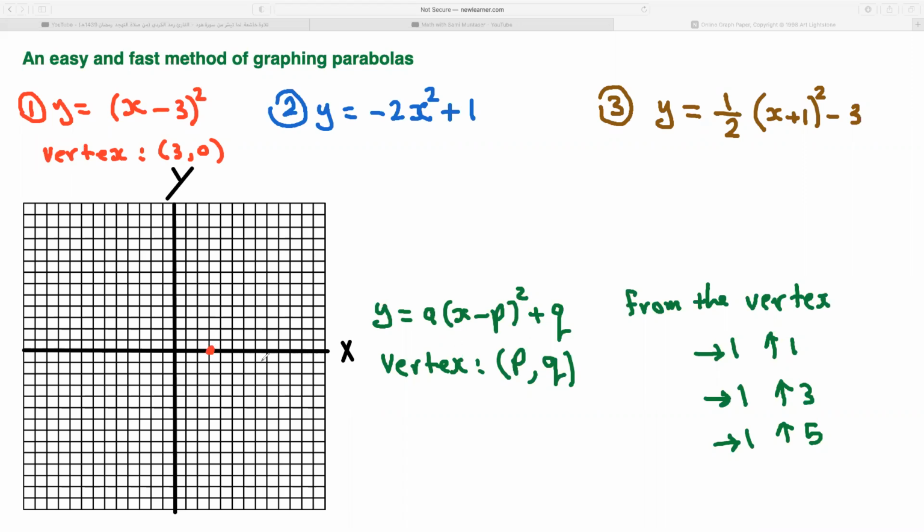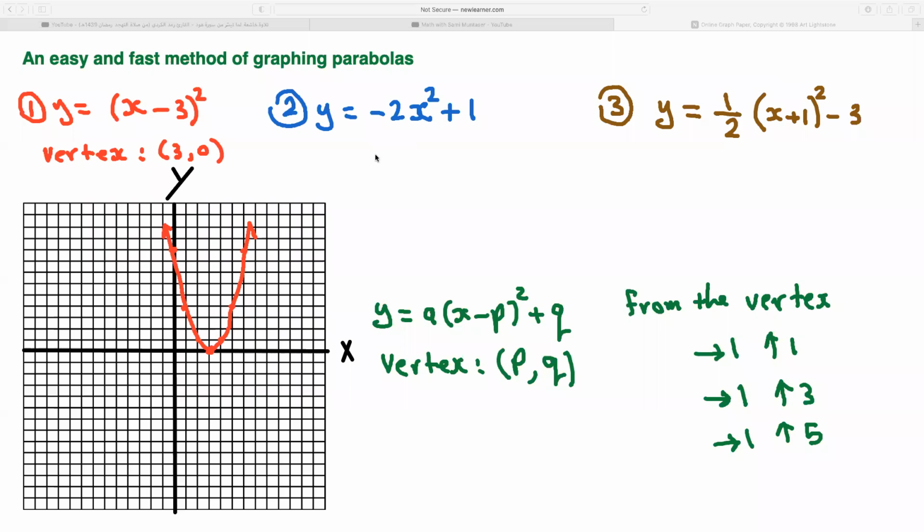Then going out 1 from the vertex, up 1, and then out 1, up 3, and then out 1, up 1, 2, 3, 4, 5. And this is the axis of symmetry right here. So this reflects right here, and this reflects right there. 1, 2, 3, and this reflects right there. And this is your graph for this parabola.